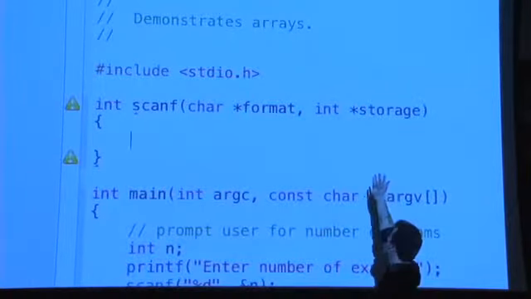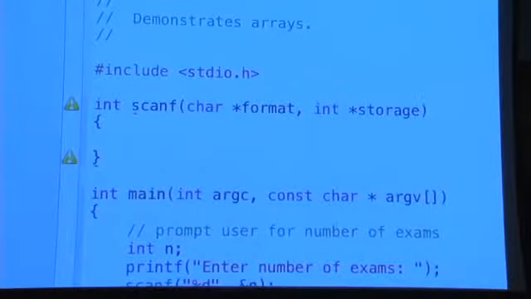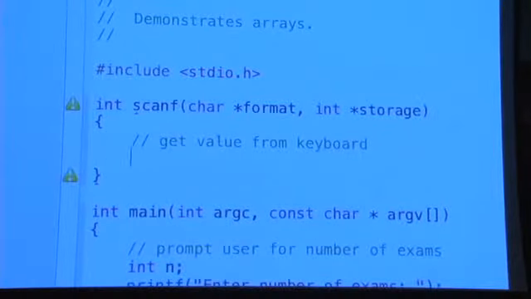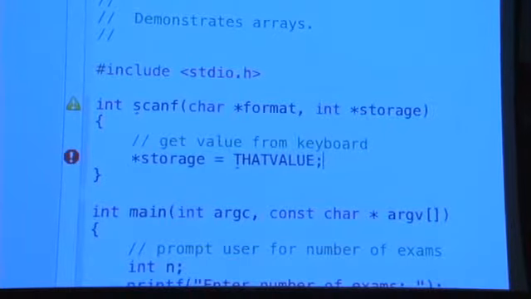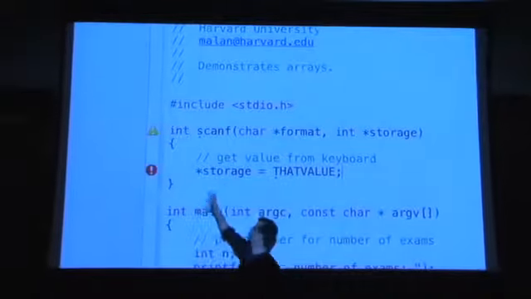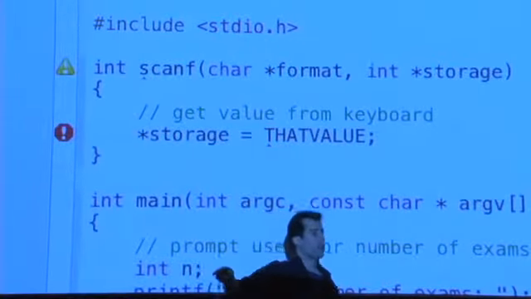It's going to take, let's just say, one pointer to an integer, storage. So how scanf is going to be implemented is essentially get value from keyboard, and then you're going to do star storage gets that value, whatever it is. So pardon the pseudocode. Star variable means go, if storage is literally a pointer, 1, 2, 3, 4, 5, star means go there. So it's the opposite of the ampersand.